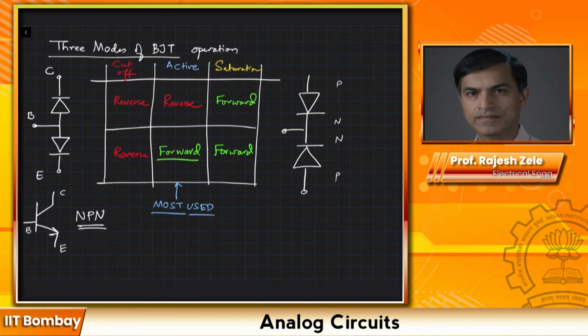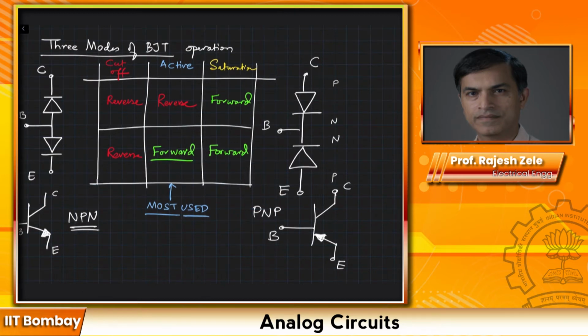In this case, this would be the collector, this would be the base, and the last terminal would be the emitter. The PNP transistor symbol is collector, base and emitter. The flow of the current is shown in this way. Okay, the arrow is reversed, and we will play with some circuits using PNP also as we go along.